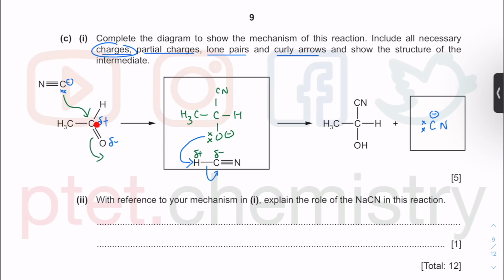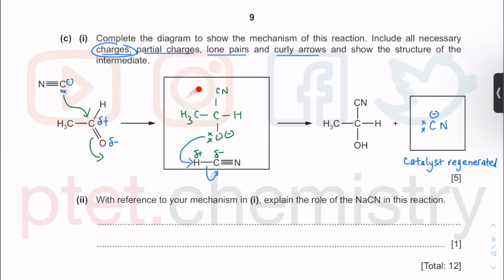It can attack more of your aldehyde starting material until all the aldehyde has been used up, and you kick out another CN minus, regenerating the catalyst. So this explains why the CN minus is a catalyst, because at the end of everything, you always get back one CN minus. It's not the original CN minus from the NaCN or KCN catalyst, but regardless, you still get CN minus. Chemically it's unchanged, physically it might have changed, but chemically it's still the same. That is the property of it acting as a catalyst.